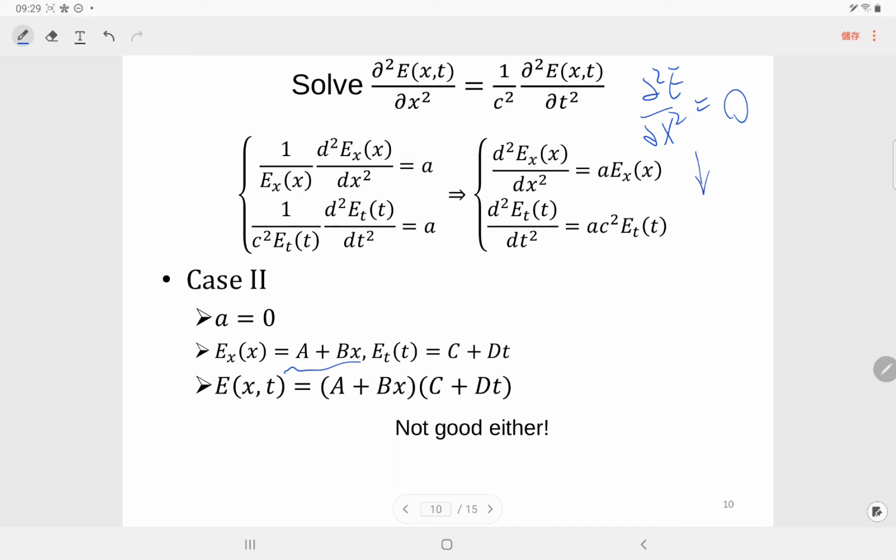If you take the second derivative, it will be 0, so it satisfies this one. And similar for E(t). And this is still what we don't like, because this is a linear function. This is not a wave. So for case 2, it's not good either.